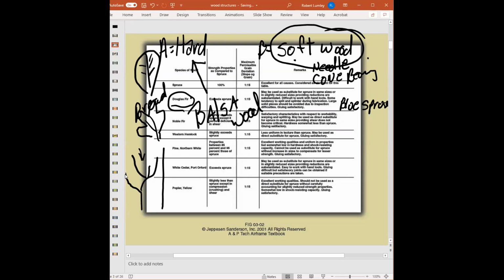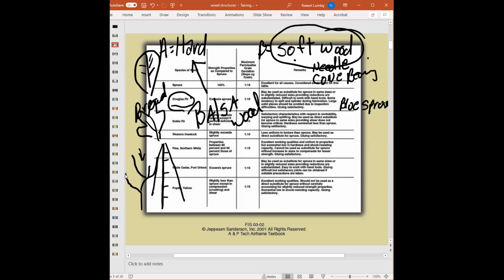It grew kind of this way, correct? Yeah, exactly. Whereas if you think of a Christmas tree, it usually has a very uniform straight trunk with small little branches coming out, correct? Yeah. Okay.